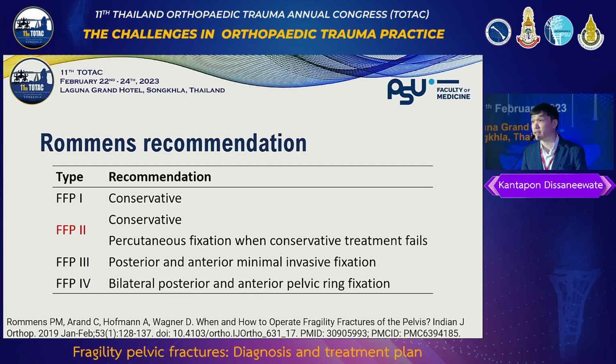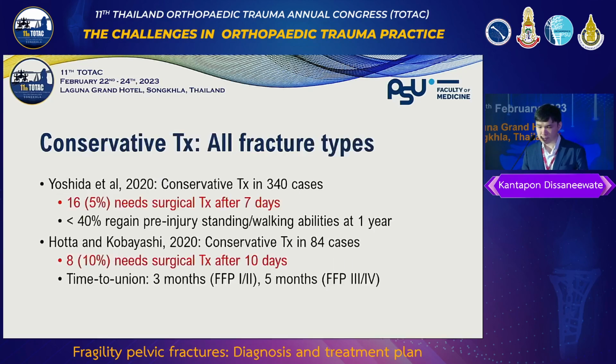The controversy is at FFP type 2, where you can start with conservative treatment first, but there is no defined length of time for how long you should be conservative in this patient. And if the conservative treatment fails, you can perform percutaneous fixation of both the anterior and posterior pelvic ring. For FFP type 3 and type 4, usually they recommend that you perform operative fixation on this patient as they are considered unstable.